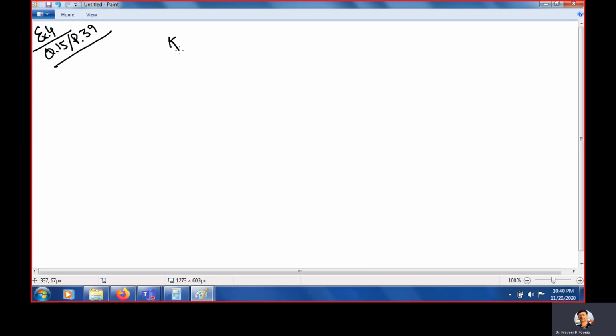It is K equal to 75 minus 6 ln of (t plus 1). Ln means log base e, where t is the number of weeks.